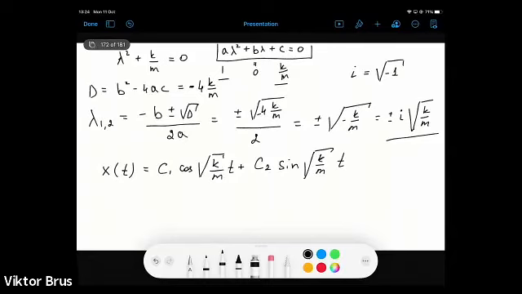So already you can see where this sine and cosine are coming from.